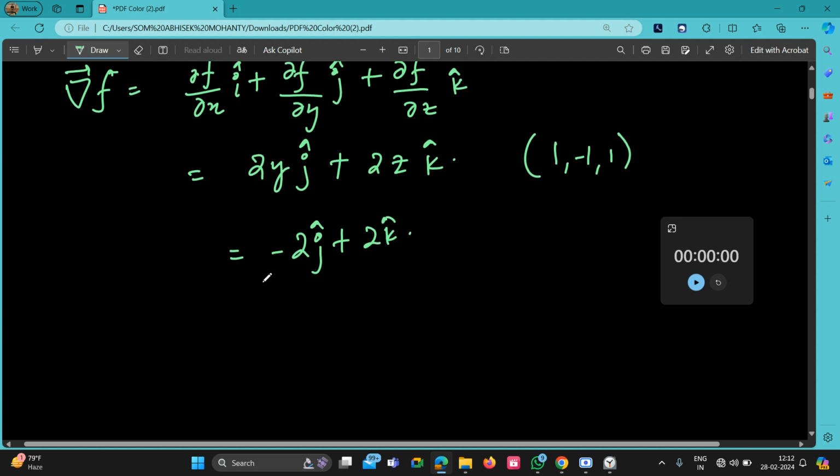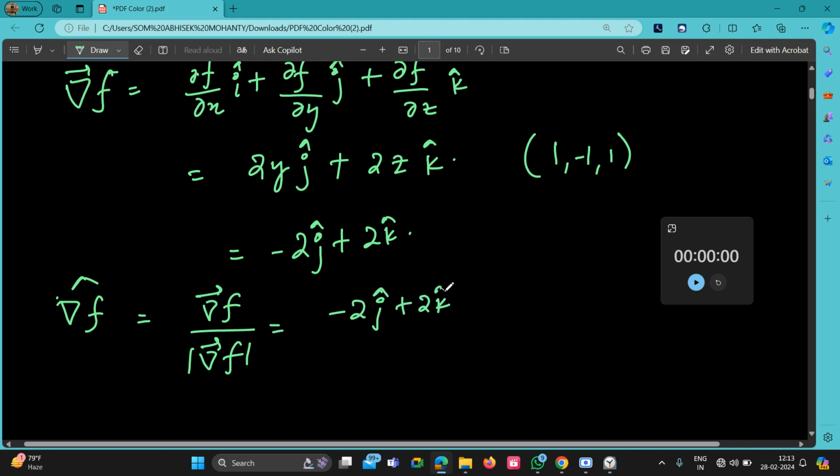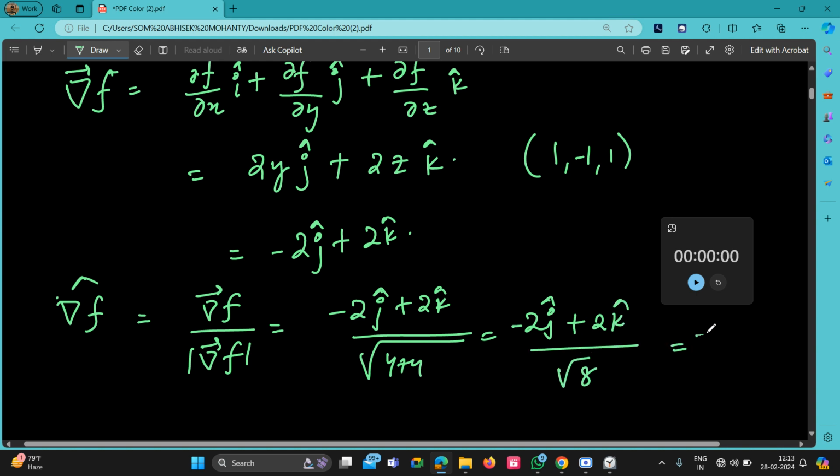So the normal to f will be what? Normal to f is actually del f cap, that means del f divided by magnitude of del f. That is minus 2 j cap plus 2 k cap whole divided by root over 4 plus 4, so root 8, that is 2 root 2.